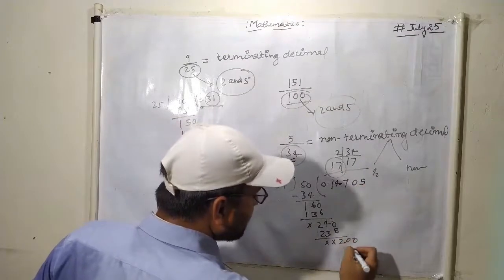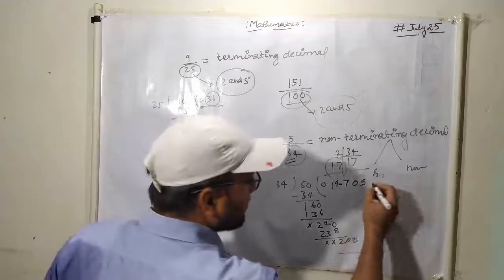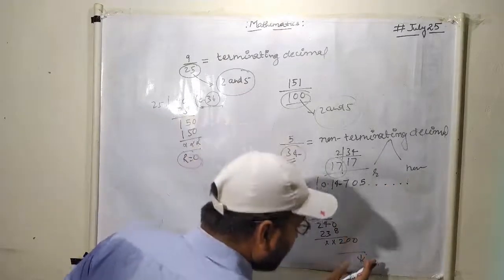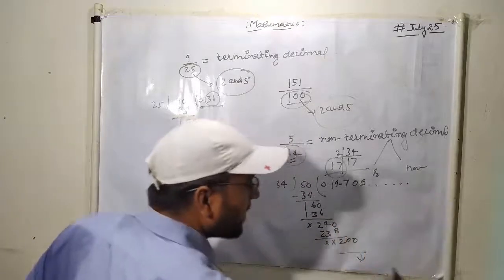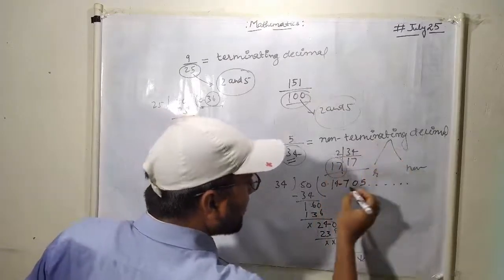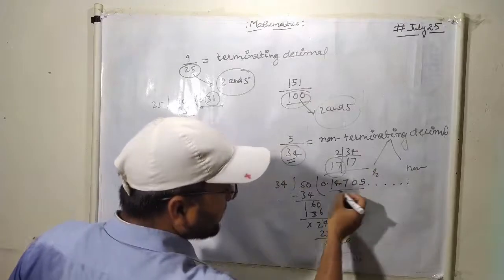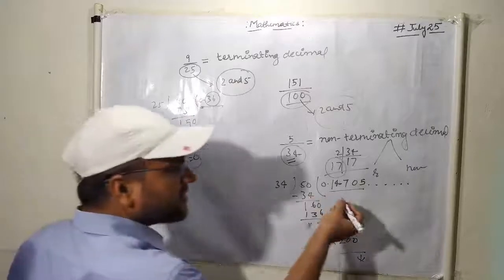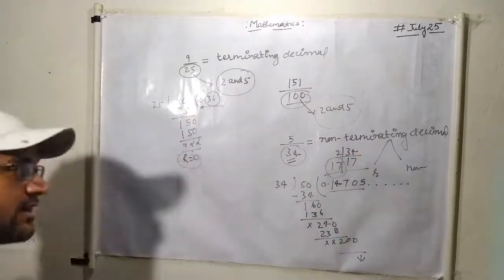You can see that its division is not going to end. Without ending this division, the numbers in the quotient come one by one. It is non-terminating and non-recurring, meaning it is not repeating. The digits are not repeating in this one. So, a non-terminating, non-recurring decimal.